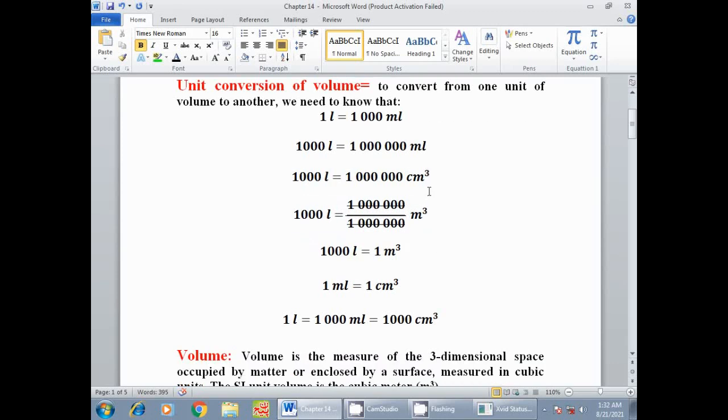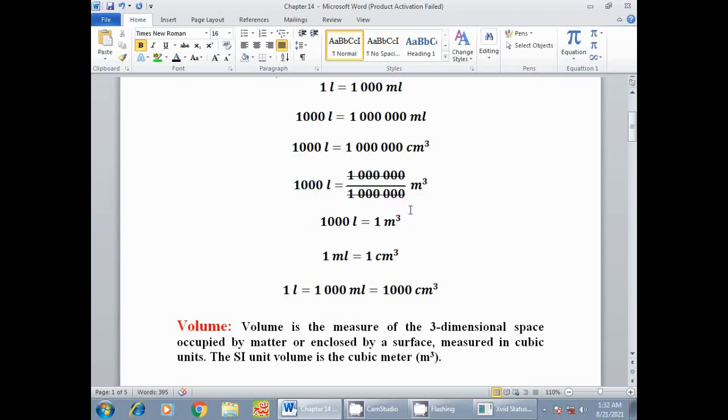Now, we can express this cubic centimeter in cubic meters. If we divide this 1 million cubic centimeters by 1 million, the unit converts from cubic centimeters to cubic meters. After cancellation, it's clear that 1000 liters equals 1 cubic meter.